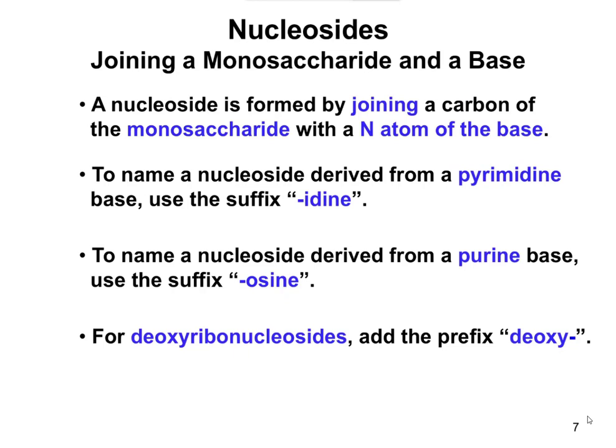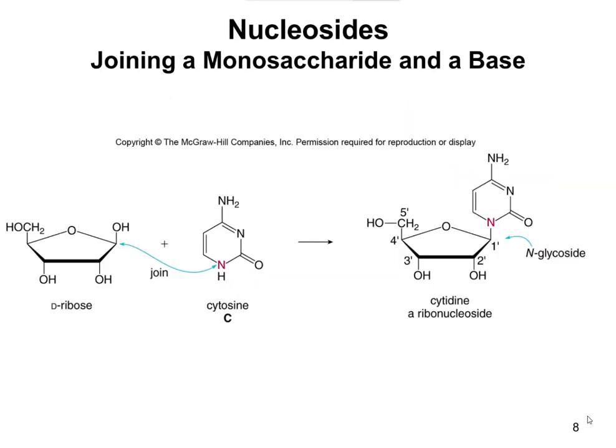Apart from that, I do want you to understand this prefix of deoxy and what it means. So if you hear deoxy, you should know that that's referring to that oxygen on carbon 2, and you should be able to pick that out of a structure. All right, so how do these nucleosides get formed? Right, so carbon 1 is right there, carbon 2, carbon 3, carbon 4, and carbon 5 on D-ribose.